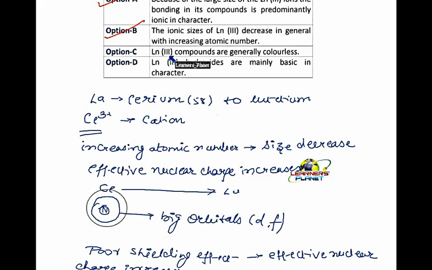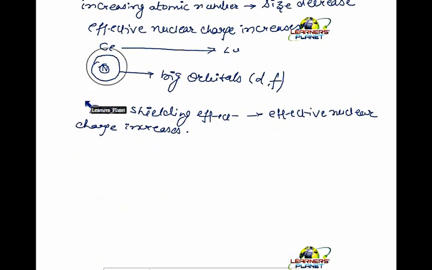Now we have the next option: lanthanide compounds are generally colorless. Will they be colorless, students? Where is your last electron coming? Our final electron is coming in the f orbital. Will all the lanthanides have 14 electrons?